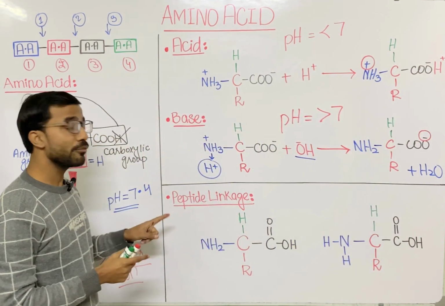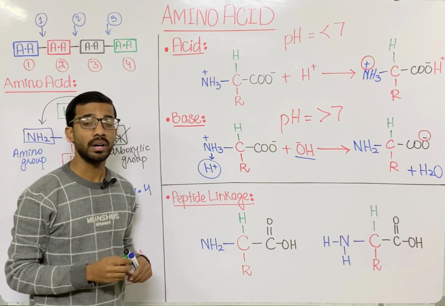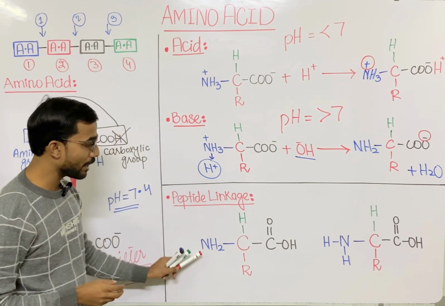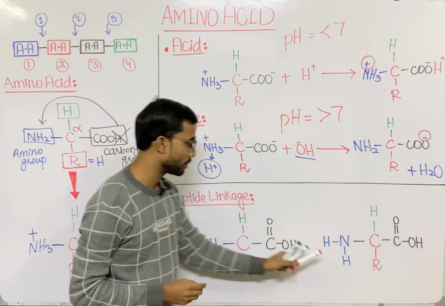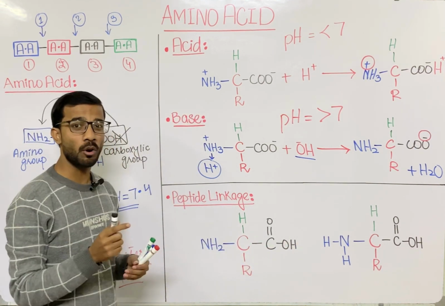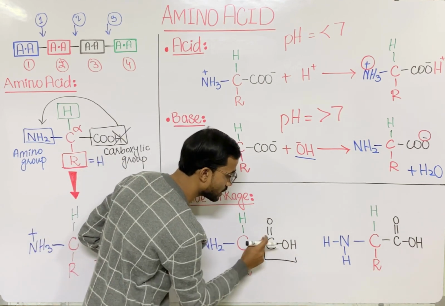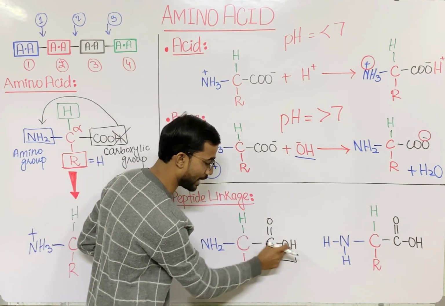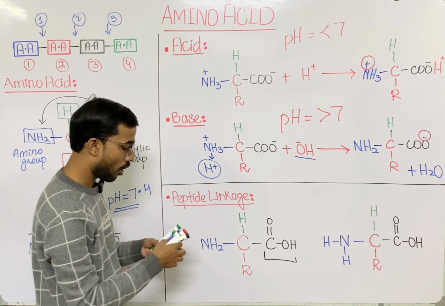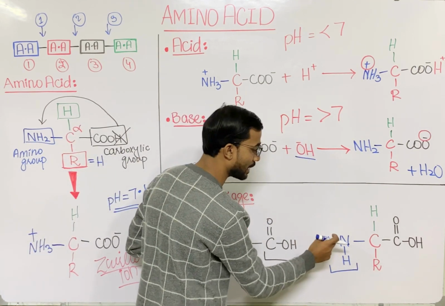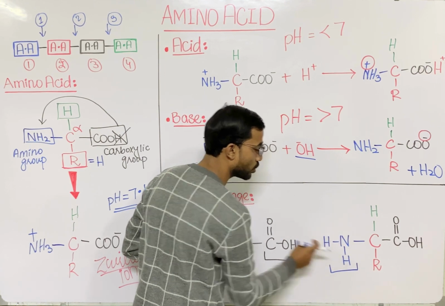Now let's see how different amino acids link through the peptide bond. Here is amino acid 1, here is amino acid 2. If we open the carboxylate group, it can be written as COOH, and if we open the amino group, it can be written as NH2.